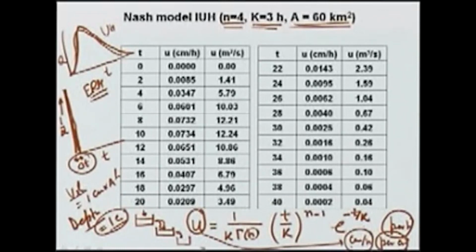And that is what we have done in this table, which shows the value of u computed from this equation with k equal to 3 and n equal to 4. The ordinates are expressed in centimeter per hour here, and then based on the catchment area we can convert it into meter cube per second.